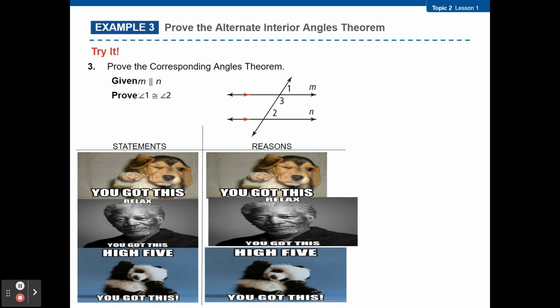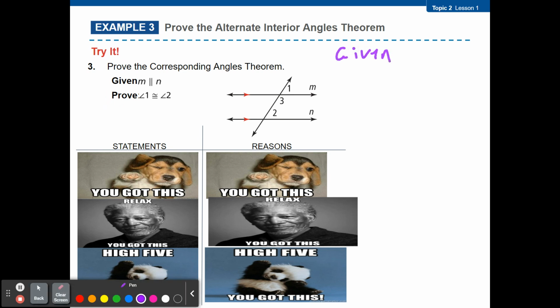All right, so let's talk about this. We're going to prove the corresponding angles theorem. Now, here's what you need to know. Everything you are learning right now, you are given parallel lines. So the thing you really need to take away from this is, if given parallel lines, then you are usually proving angles.